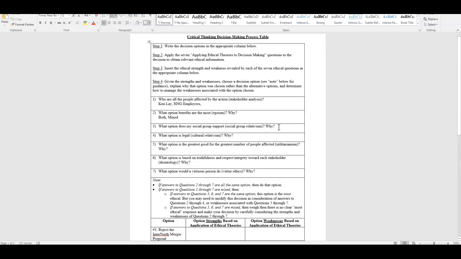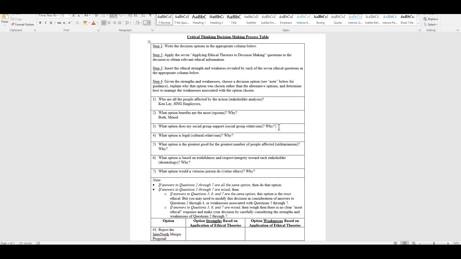What option does my social group support? Once again, I'm Ken Lay, CEO of Houston Natural Gas. What would a good CEO do? Well, a good CEO is going to try to maximize shareholder wealth and think about shareholder other interests. Clearly, the wealth of shareholders is going to go up by accepting this merger offer. I mean, people that have shares at 46 are going to get $70 each.